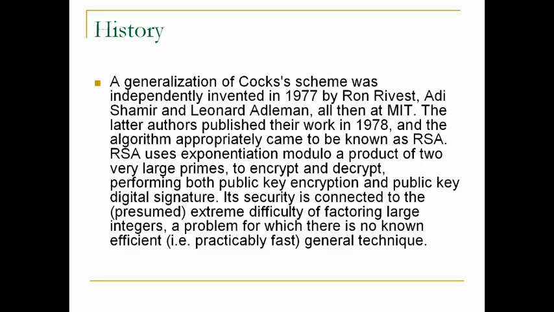RSA uses exponentiation modulo a product of two very large primes to encrypt and decrypt, performing both public key encryption and public key digital signature. Its security is connected to the extreme difficulty of factoring large integers, a problem for which there is no efficient general technique.